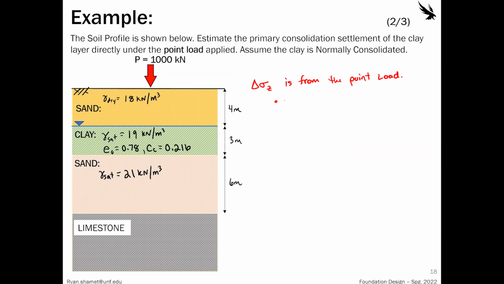It is taken directly under the load and taken at the top of the clay. That means Z is equal to 4 meters.